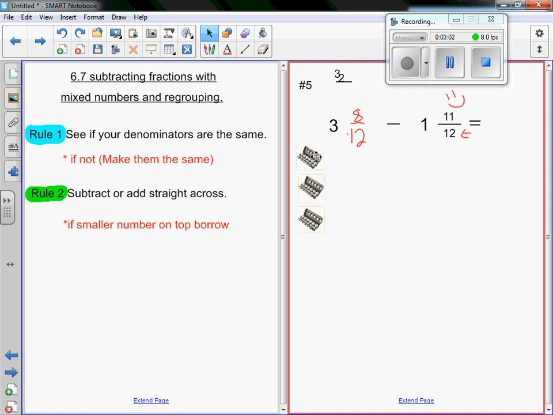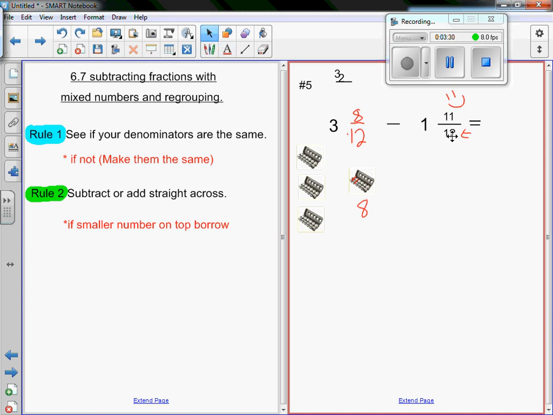The 3 represents 3 cartons full of 12. The last one's a fraction, which means I have 8 twelfths. To show you 8 twelfths, that would mean out of the 12, I only have 8. So I'm going to cross out 2 rows, 12, 10, 8. That means I have 8 left. So in here, I have 8 out of 12, and I have 3 whole sets. That's 3 and 8 twelfths.